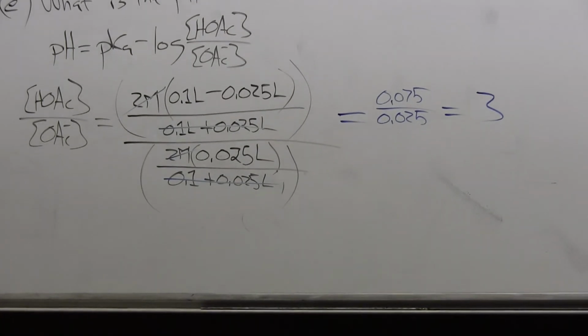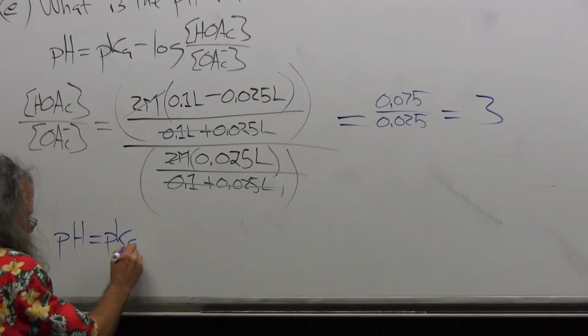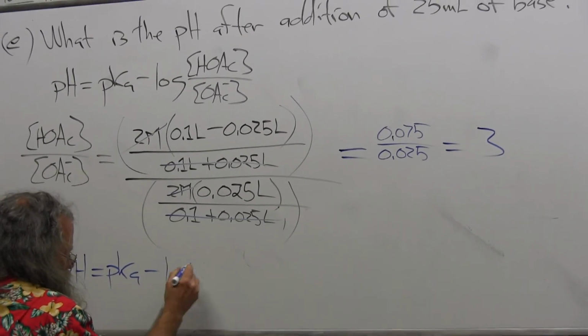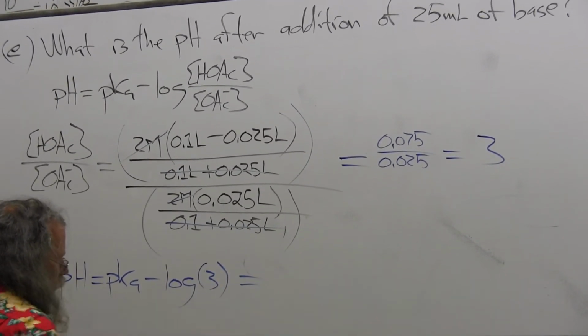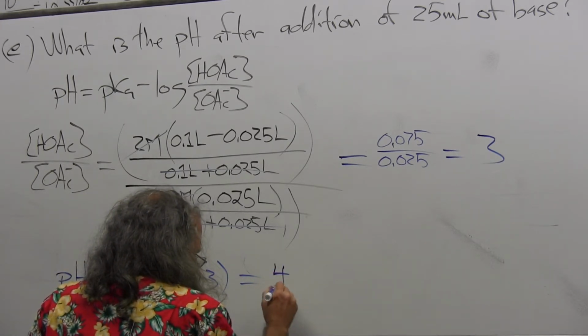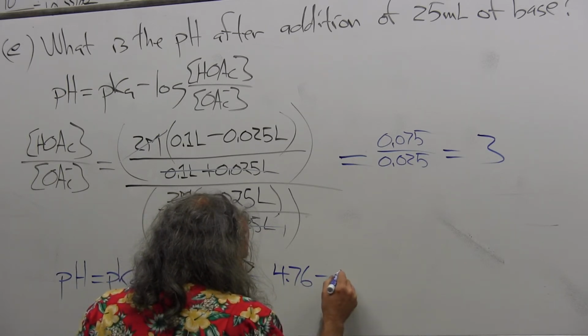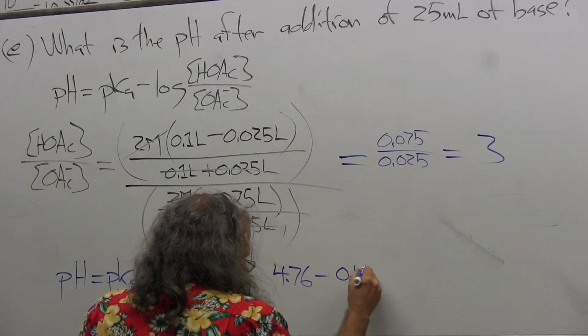Now, pH is equal to pKa minus the log of 3. And now I can just put in the numbers. pKa was what? 4.76. And what is the log of 3? 0.477.